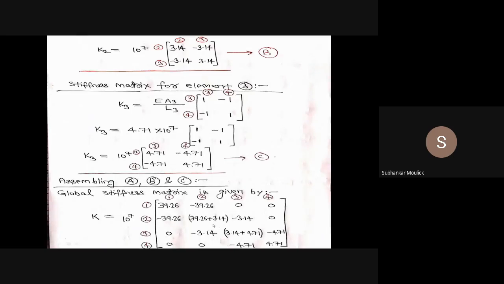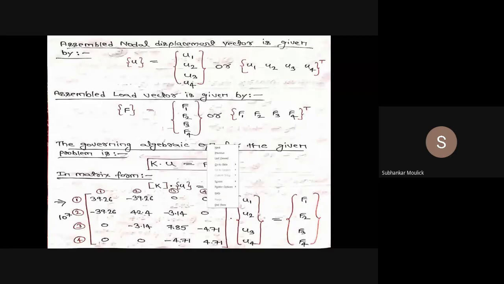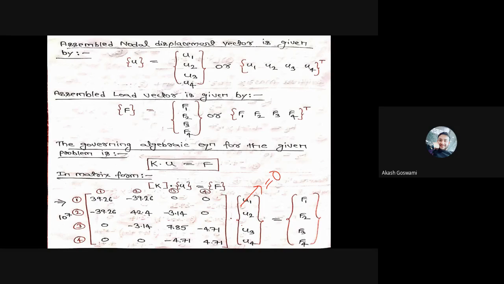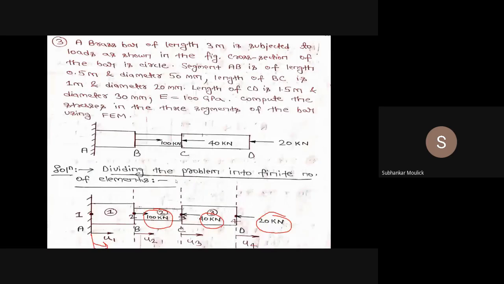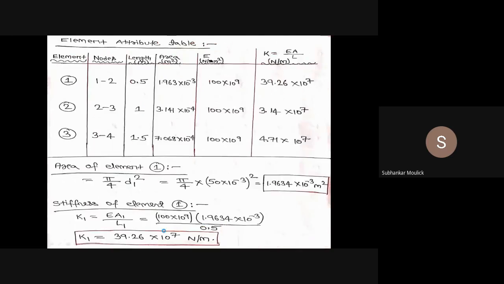So after applying the boundary condition, U1 is equal to 0. Is it clear?